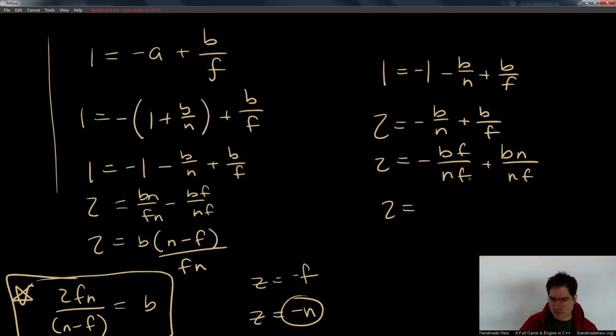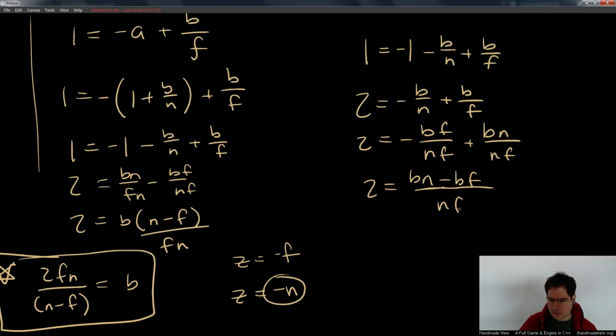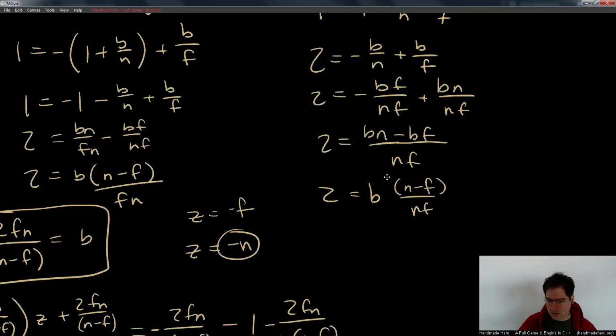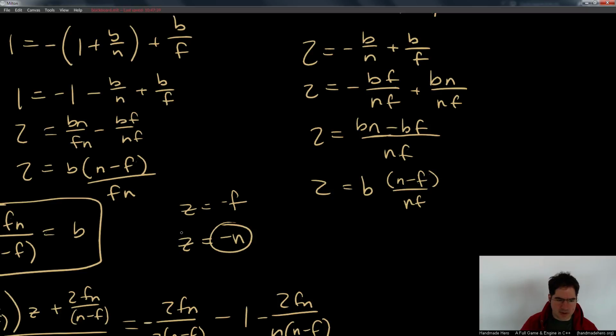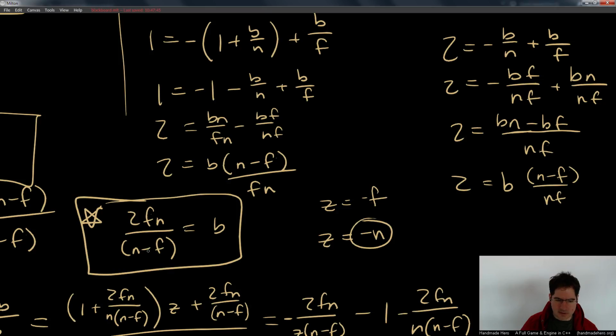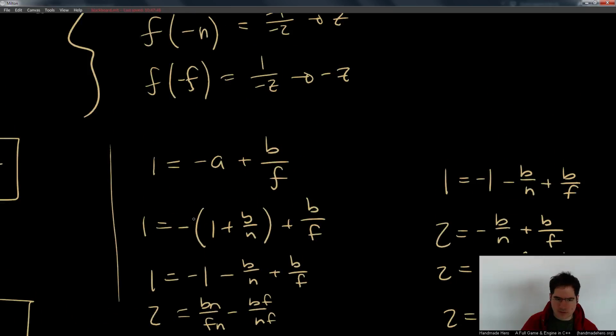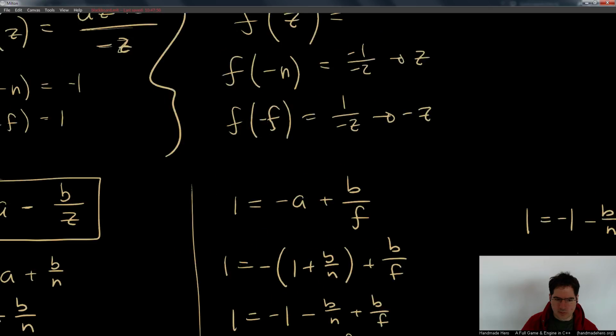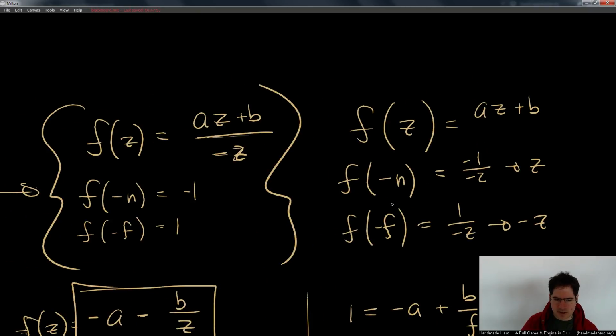Or 2 equals bn minus bf over nf. Pulling out the b, you get b n minus f over nf. Oops. Which does appear to solve for 2nf over n minus f. So that b, I don't know, that looks pretty solid. Just not sure where we're making the bug here. We know we must be, because we're getting it wrong.